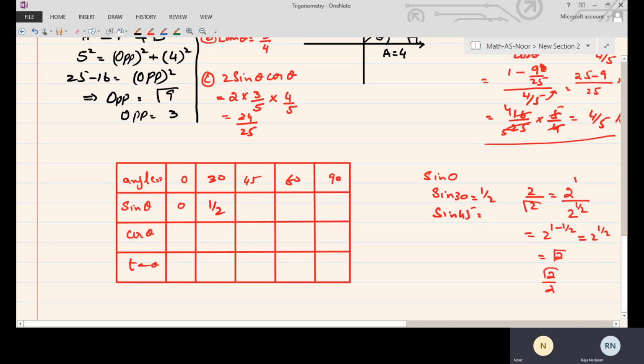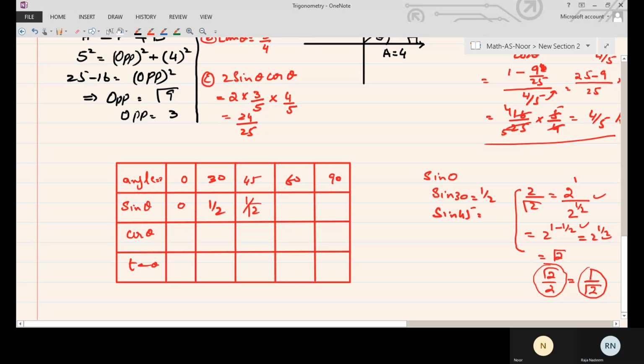By using the same concept, when you simplify it, you'll get this answer, 1 over root 2. So sine 45 will give you 2 over root 2, or even if you write from the calculator root 2 over 2, it's fine. But in the next step, by doing these few steps, you have to write your final simplified answer in this form.